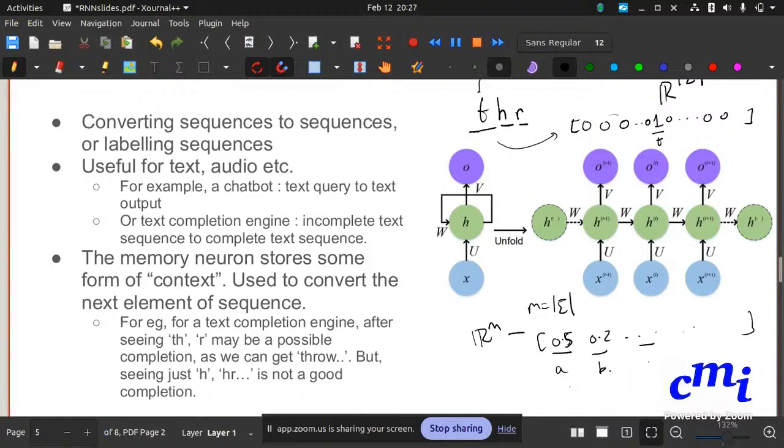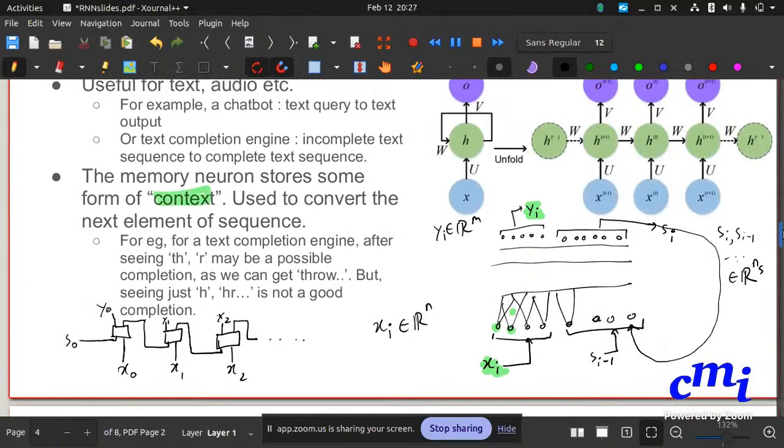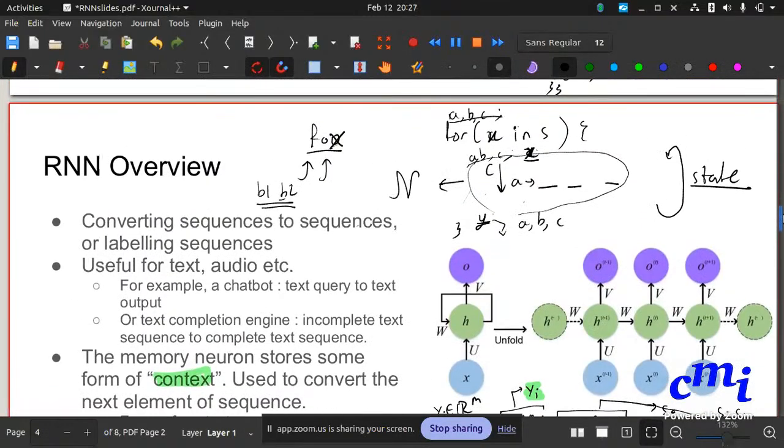I'm going to give a score of 0.2 to the event that B is a good next character. And maybe it ends up giving a score of 20, some very high score, to O being the next character to put. Since the maximum score is in O, the network is really just asking you to choose O as the next character to put in.